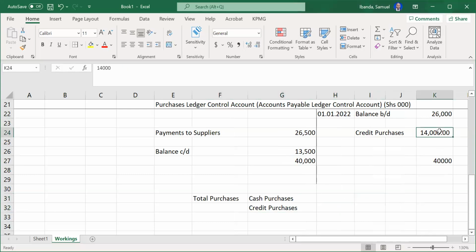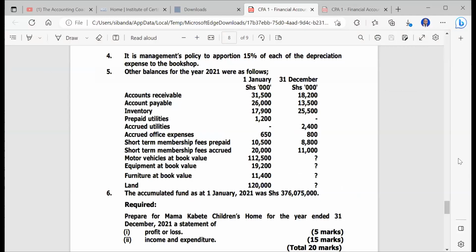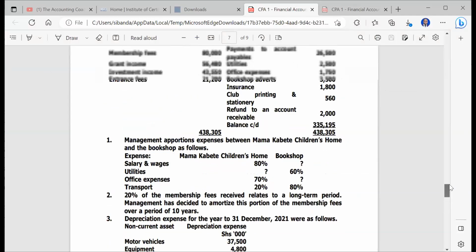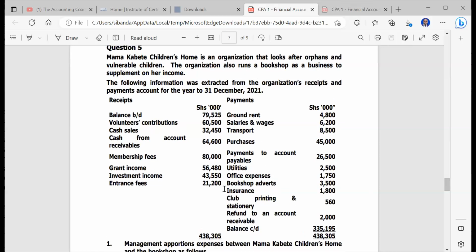So I will have credit purchases here, and then my cash purchases, I'll go to this receipts and payments account and copy them.